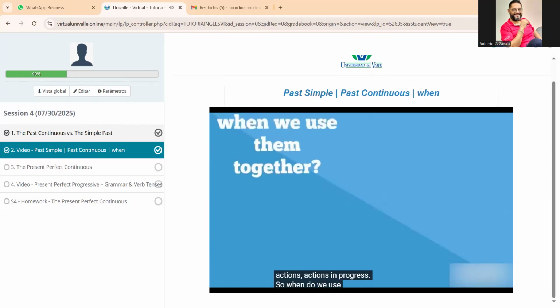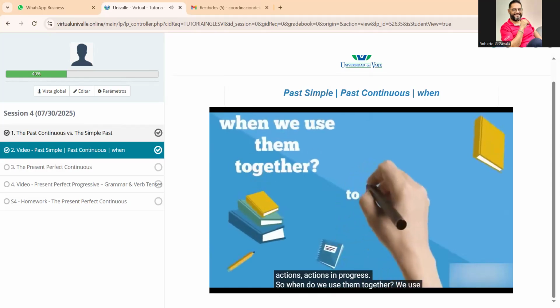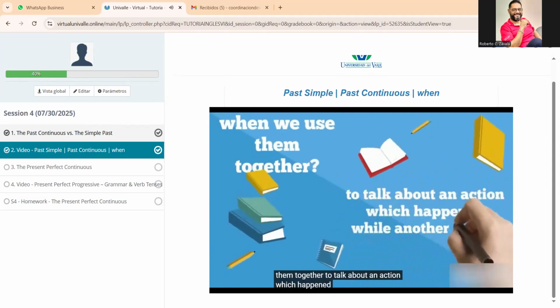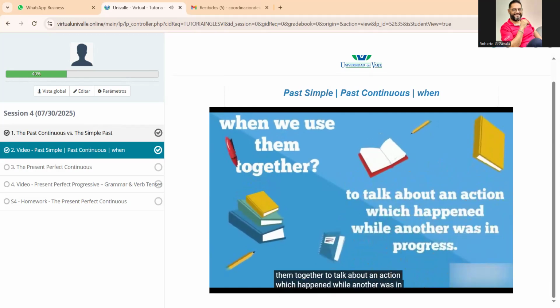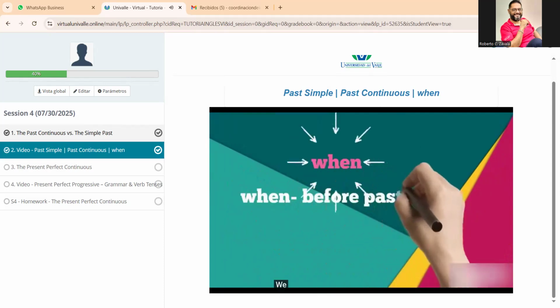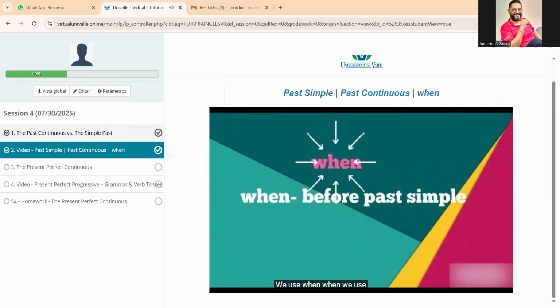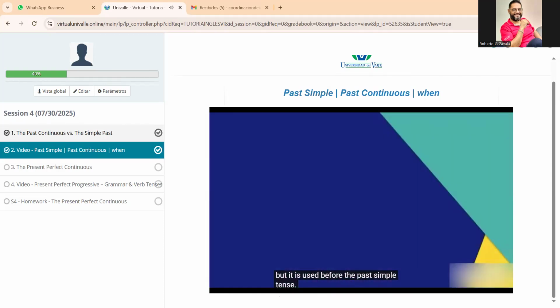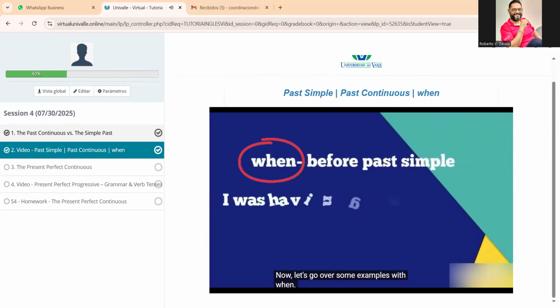So, when do we use them together? We use them together to talk about an action which happened while another was in progress. We use when with the past simple. Now let's go over some examples with when.